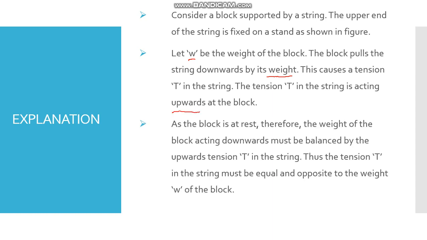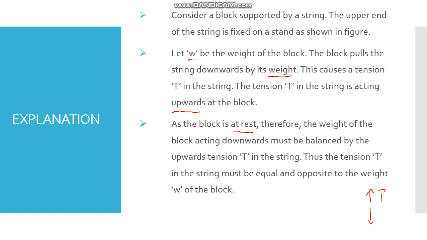Now as the block is at rest, the weight of the block acting downwards must be balanced by the upward tension T in the string. If the block is at rest, it means that the net force should be equal to 0. The tension is acting in the upward direction, and the weight is acting in the downward direction.